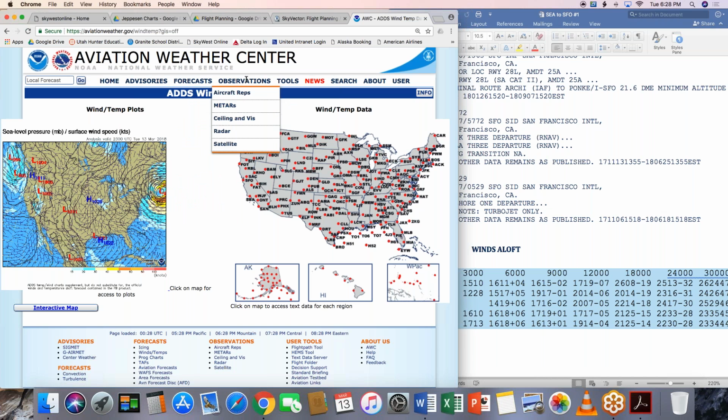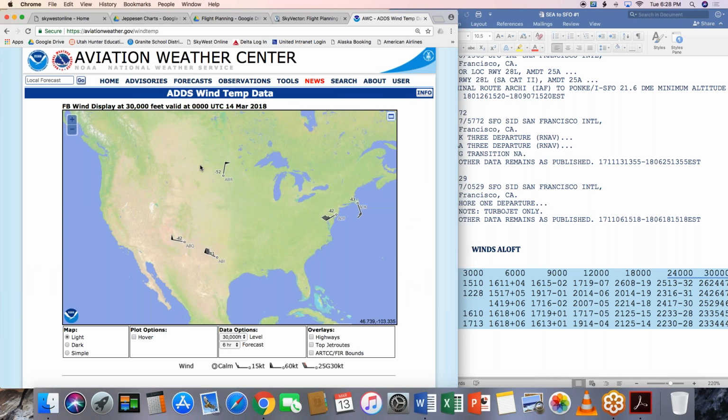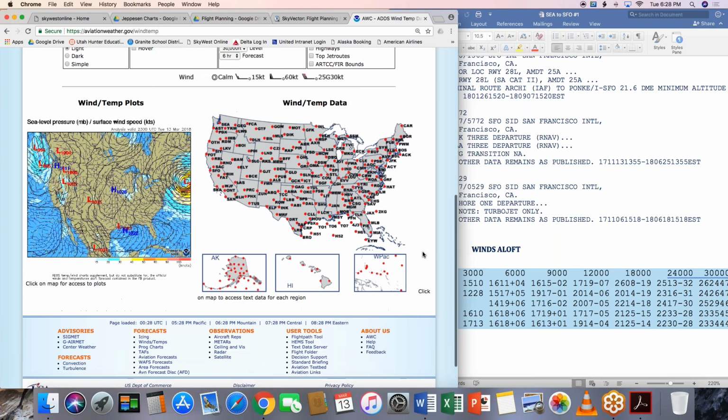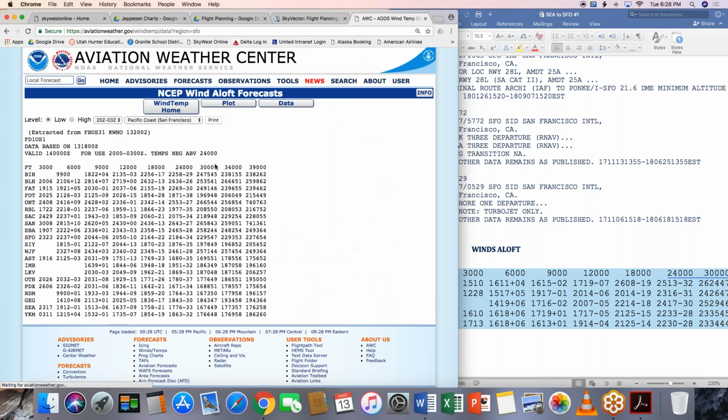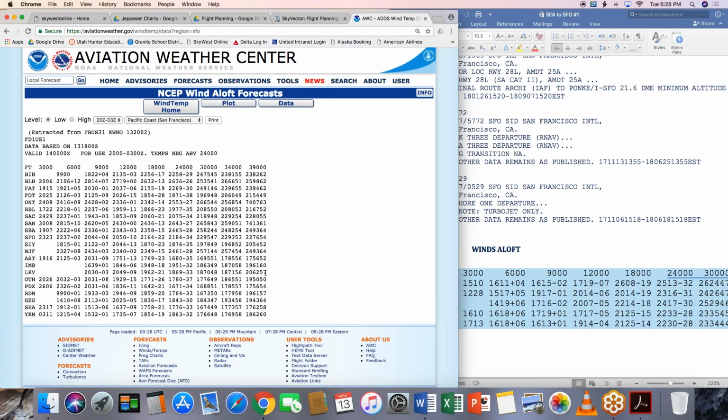Let's see, find it. There we go. So I just edited a bunch of the VORs out so that you guys are getting the information you need. You don't have to hunt and find every single one of those VORs because that's kind of a pain. We do have Lakeview down here, but this is different data than when I pulled it.